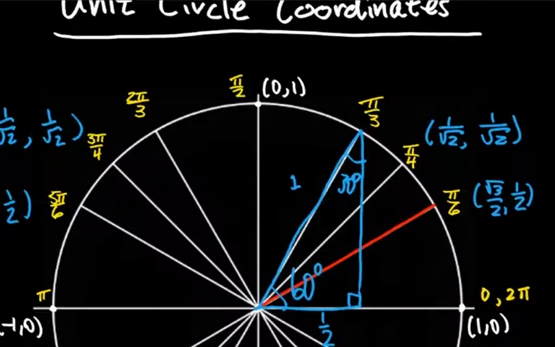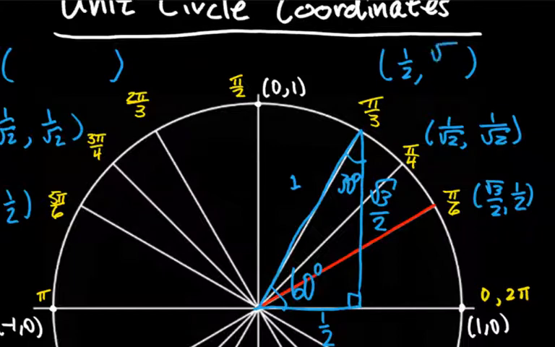And then the side across from 60, again same thing, square root of 3 over 2, because the hypotenuse is still the same. It's not just going to magically change, because logic. If you think about it logically, it doesn't make sense for it to change at all. So the only change that happens here is just the x and the y get switched, because in terms of the triangle, that visually happened.